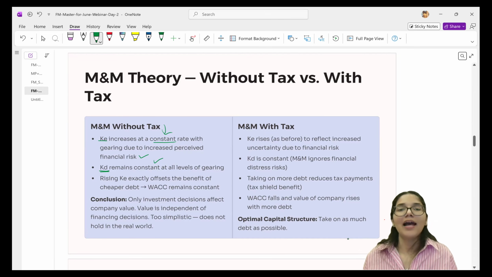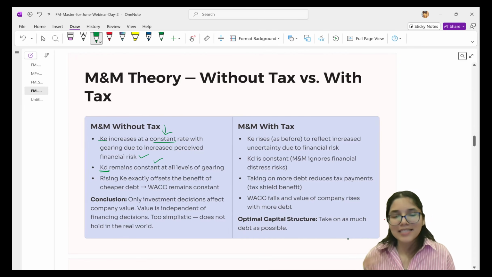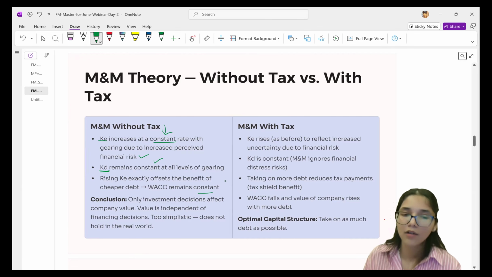So in net effect, I am standing at zero. For example, I saved $10,000 because of cheaper debt. On the other side, because of increasing cost of equity, I have to spend $10,000 extra exactly. So the net benefit is zero, which means my WACC is going to remain constant.